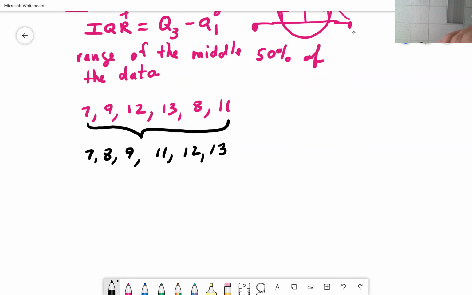It's even. So the first step is find the median. Do you know how to find your median for 6 numbers?